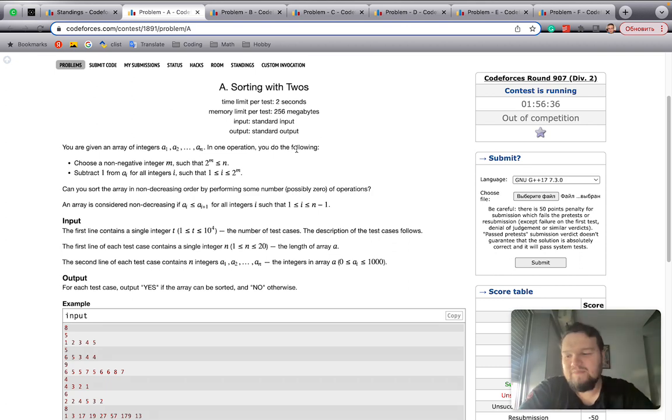And for the pairs of elements that are on the borders, we can always make the first element smaller than the second one, just by subtracting until it becomes smaller.